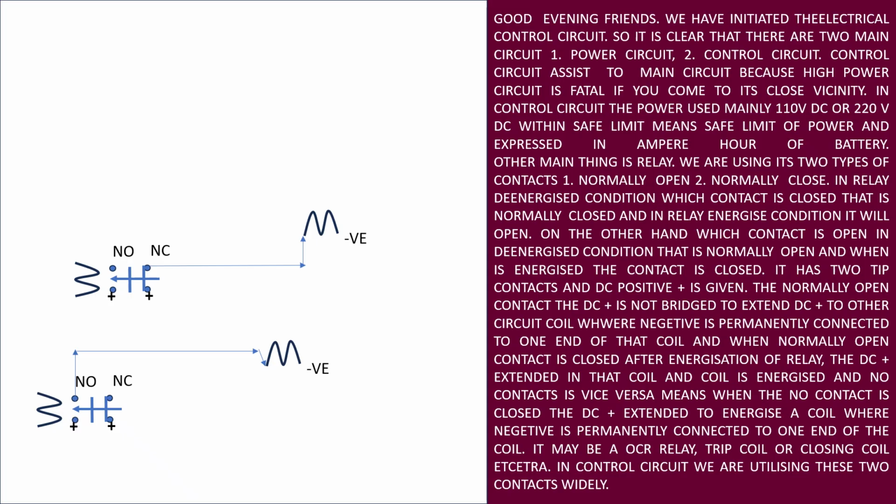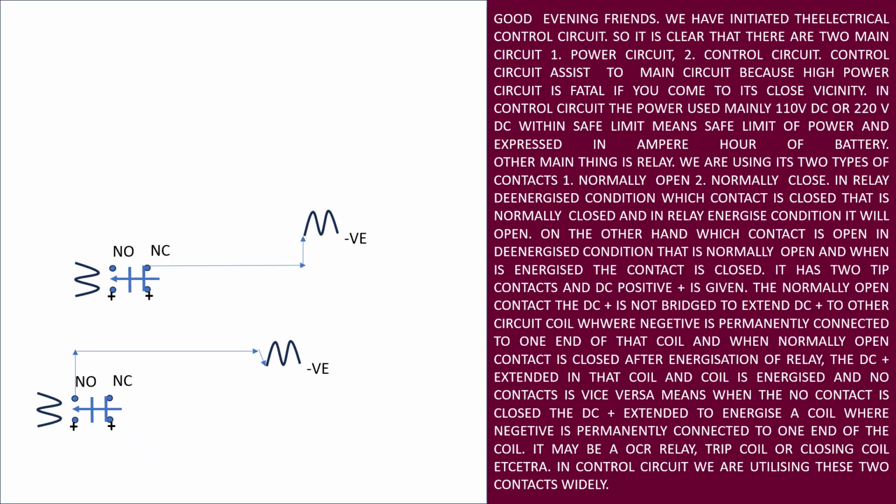If the DC fails in the traction substation, the relay coil for the capacitor tripping device is dropped, and with this normally closed contact, the circuit breaker trip coil is energized and the circuit breaker is tripped. Because if DC is not there, then it will trip.